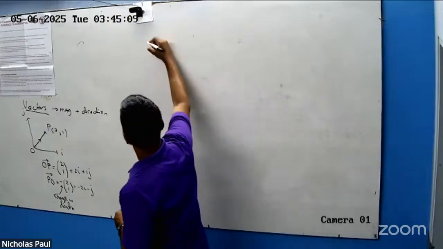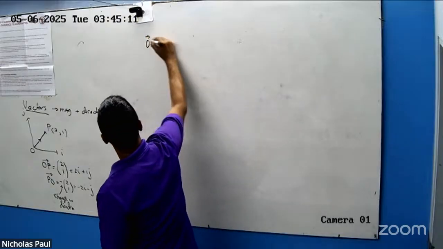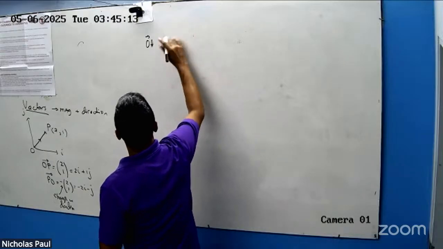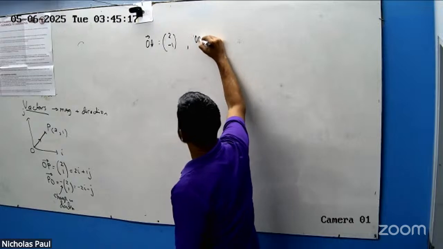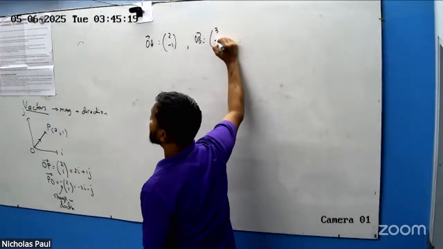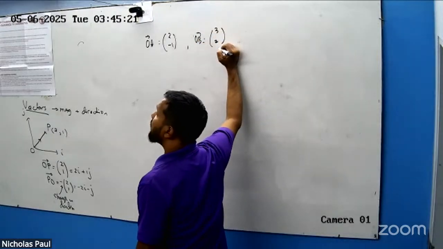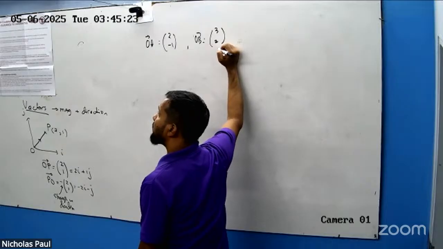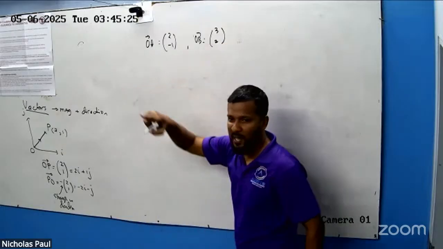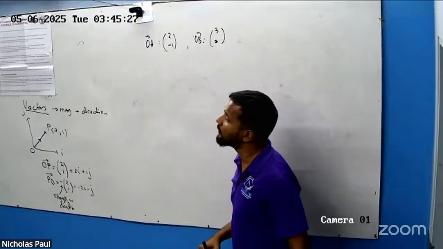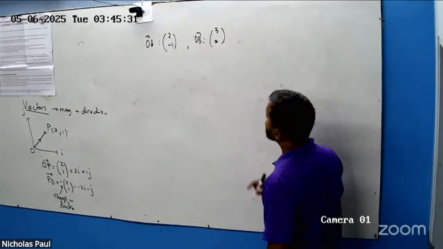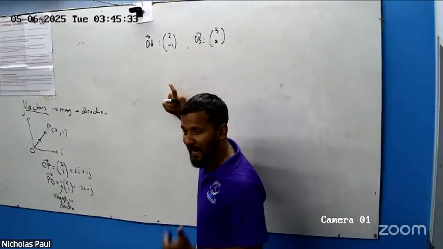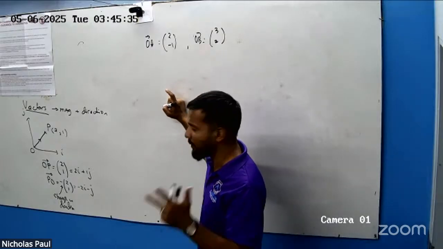Next thing, let's say I gave you OA is (2, -1), and I gave you OB is equal to (3, 2). So how do we add, subtract, and multiply vectors?